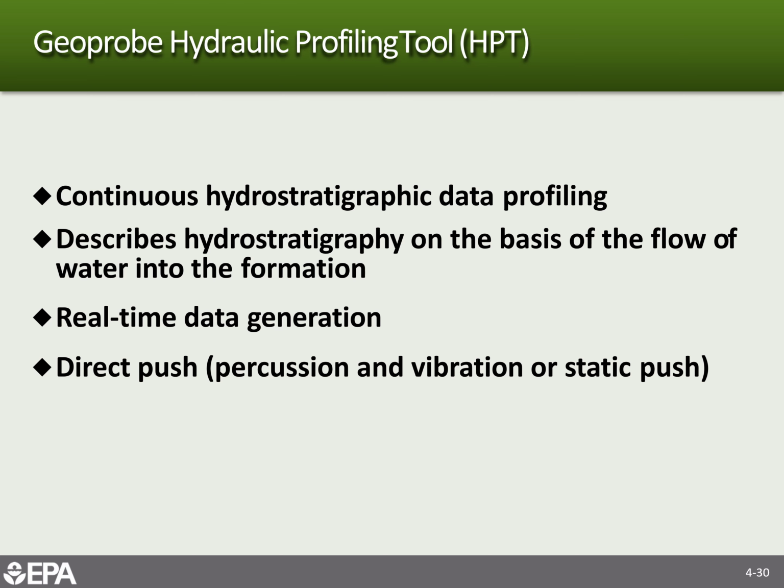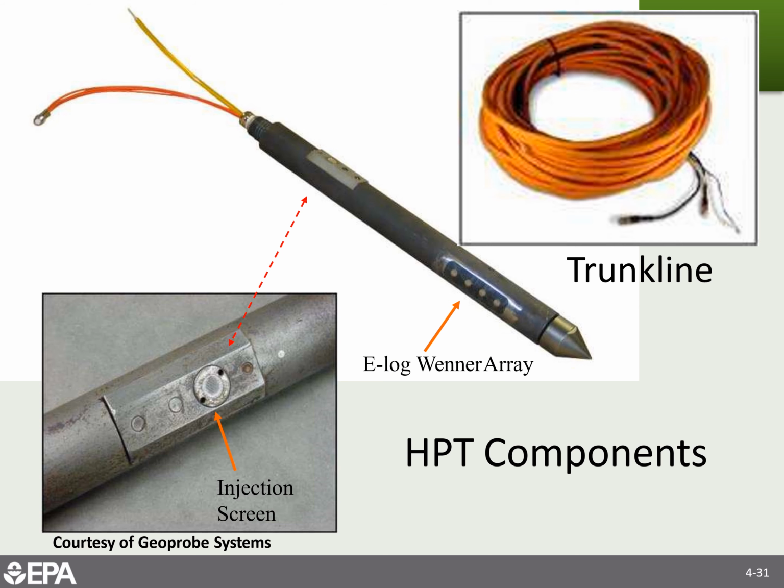So there are a couple of versions of the hydraulic profiling tool. In this case, this is without sampling, but it's a continuous profile. You can describe the hydrostratigraphy based upon water that is pushed into the formation, and you run it off of a direct push rig as well.